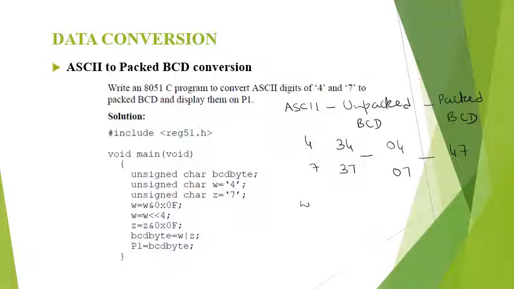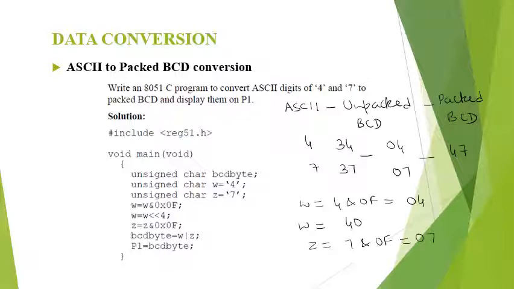Then W equals W bitwise AND with 0F, so we get 04. And then we shift left 4 bits, so we get W as 40. And then Z equals Z bitwise AND with 0F, that is 7 AND 0F, so we get 07.